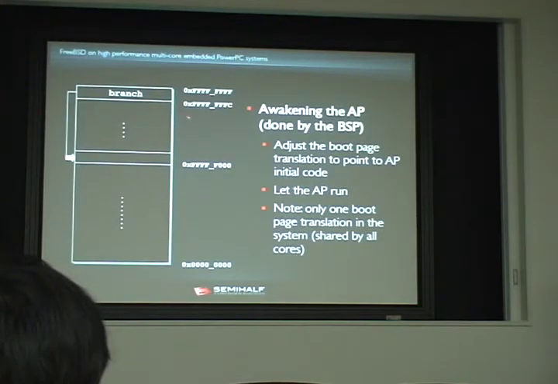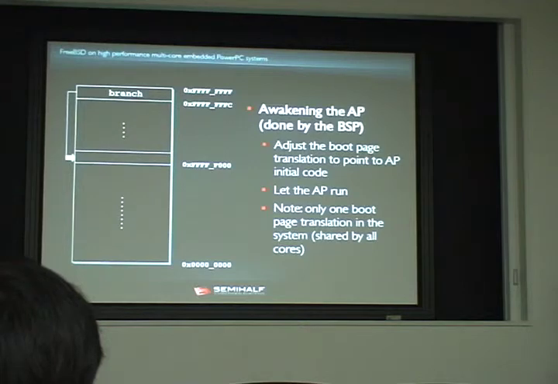So this is a diagram of the situation. We've got this last 4 kilobyte page accessible, and the CPU core would try to fetch this last instruction. Typically, the instruction at the last word is basically a branch to the beginning of this 4 kilobyte page, so we can have plenty of code to execute and initialize the machine. That's how it usually looks.